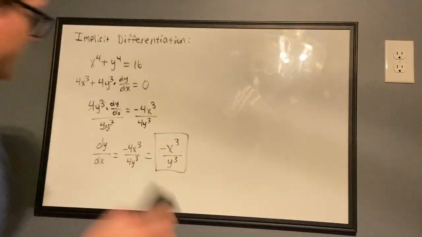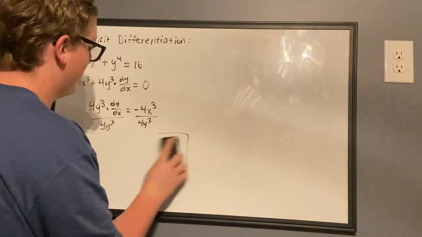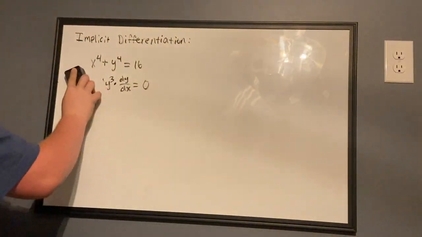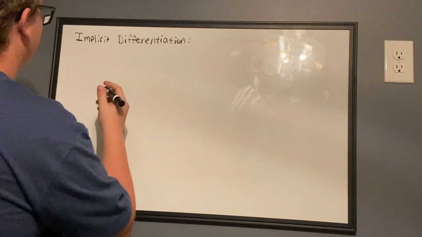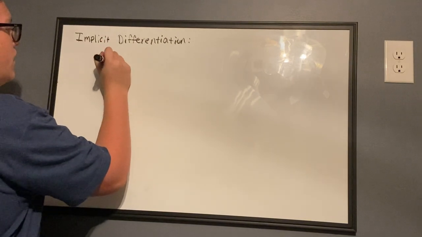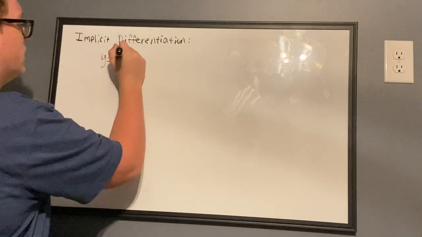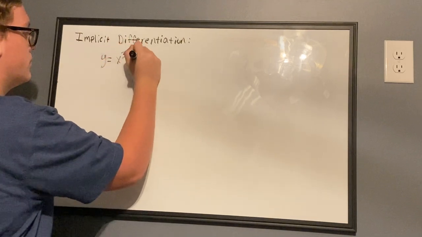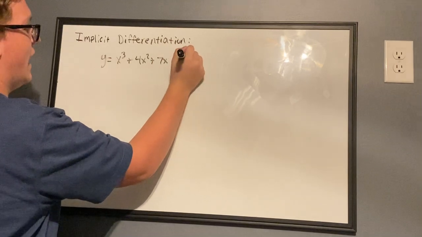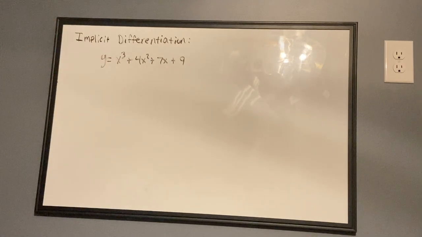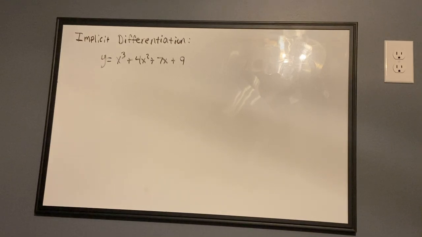So what I haven't shown so far, what I've kind of left out, is that we've been doing dy dx this whole time. So let's say that we have this equation. y is equal to x cubed plus 4x squared plus 7x plus 9. So we would know how to take the derivative of this.